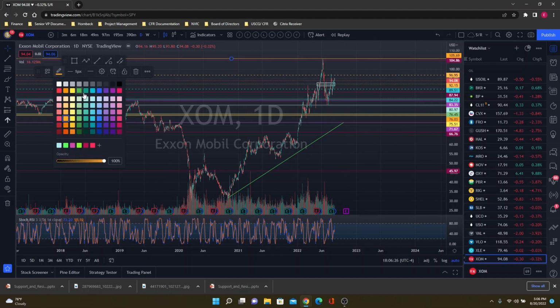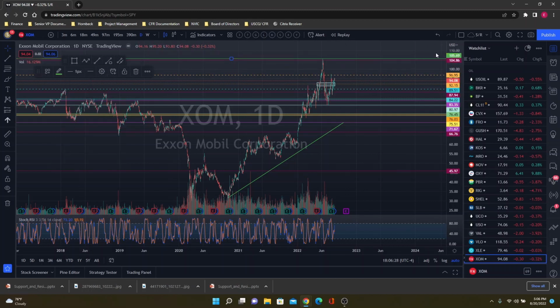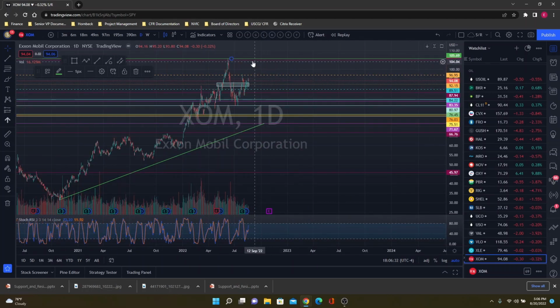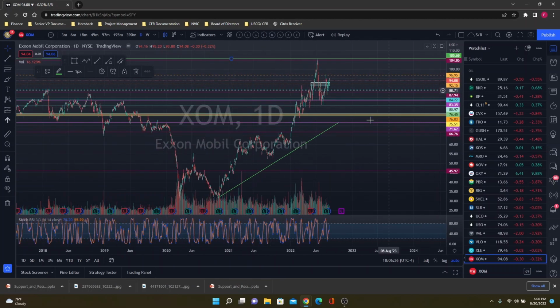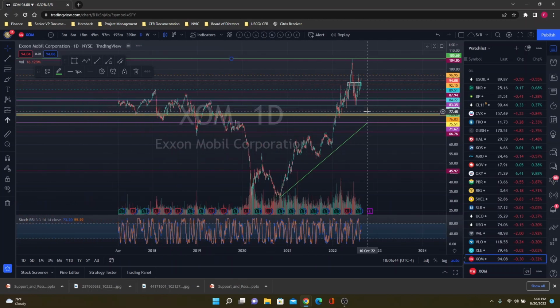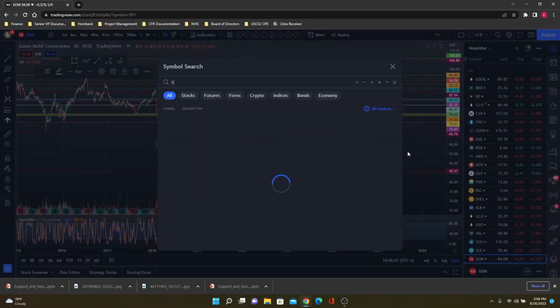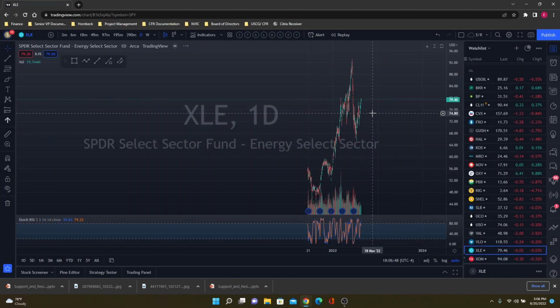So if I have a green number over here, that's just a local top, and it's rough. I don't try to make it perfect, but I know that's just going to be a rough top. So we had a very acute price response here before breaking down, where we found support. I'm on XOM. Jeez, this doesn't look familiar to me all of a sudden.